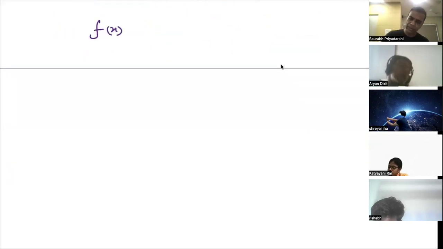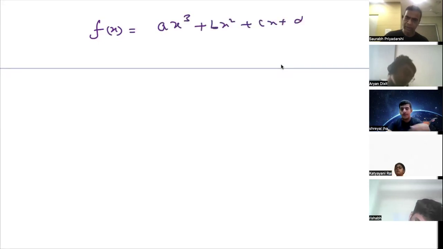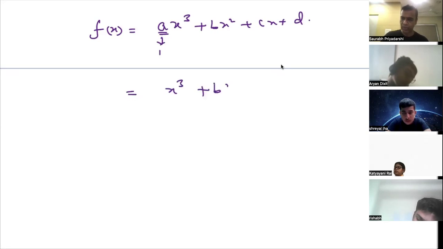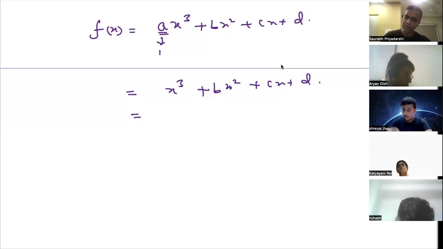So f(x) is equal to ax cube plus bx square plus cx plus d. The coefficient of x cube is 1. So this is nothing but x cube plus bx square plus cx plus d. Or I can say in the factor form, this will be (x minus alpha)(x minus beta)(x minus gamma).